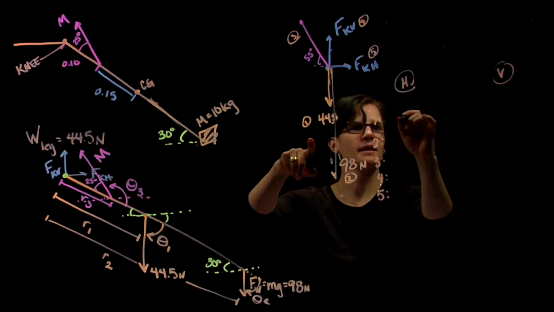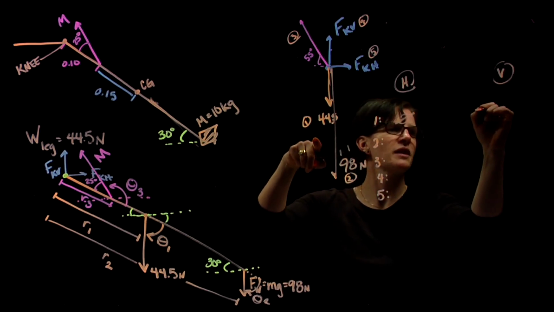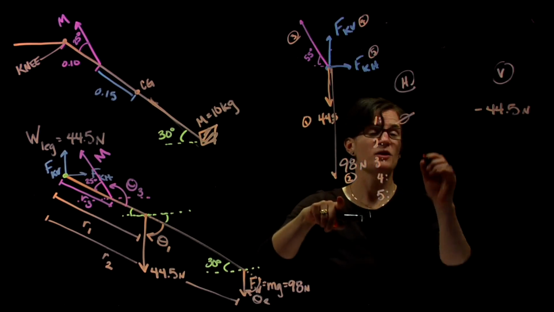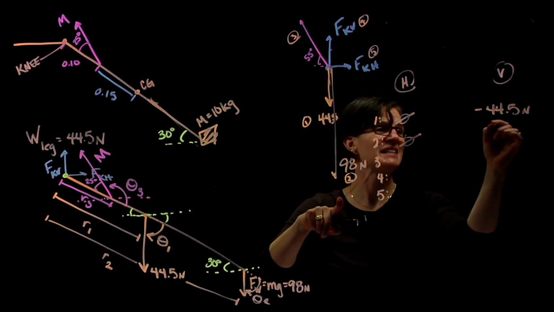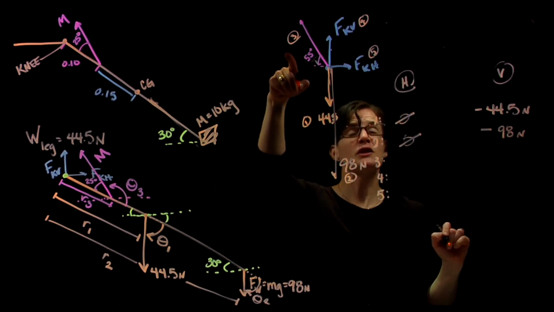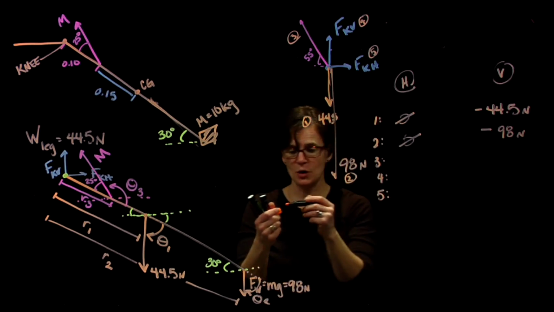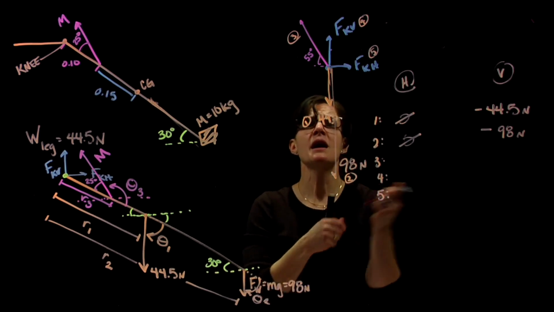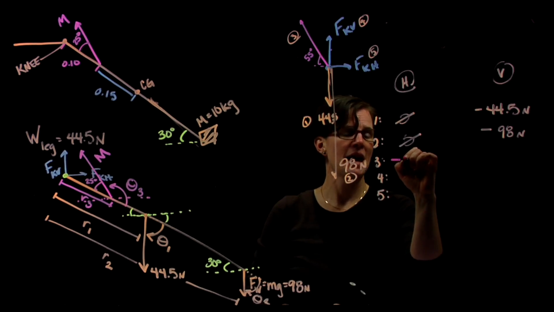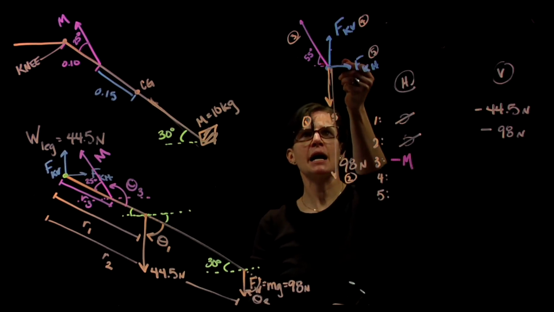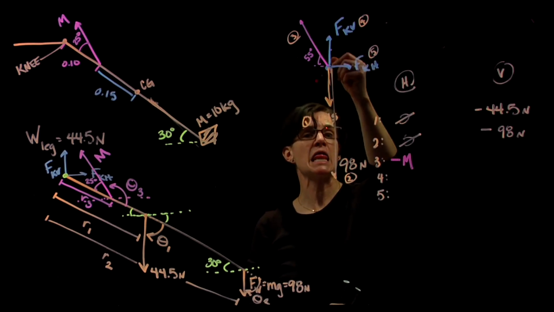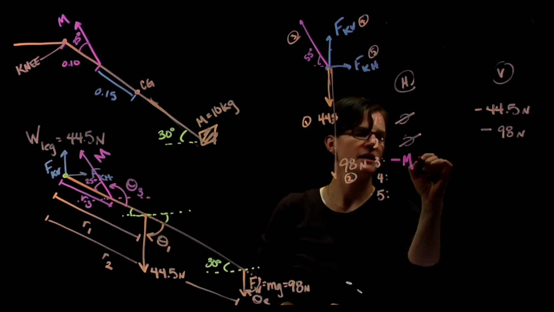Force number 1 has nothing horizontal. It's acting down, so that's minus 44.5 newtons vertically. Force number 2, nothing horizontal. Acting down, negative 98 newtons vertically. Force number 3 has components. It's acting to the left, so minus M times the cosine of 55, the adjacent side.